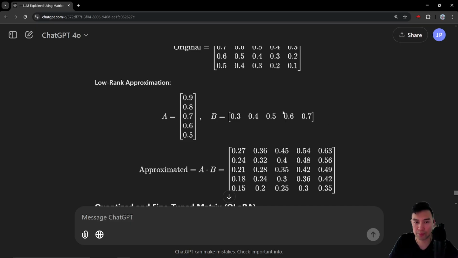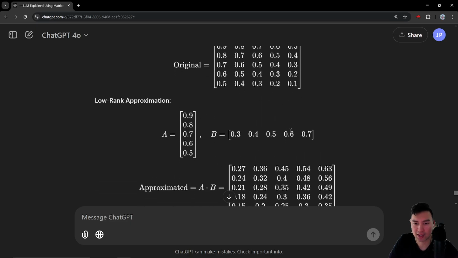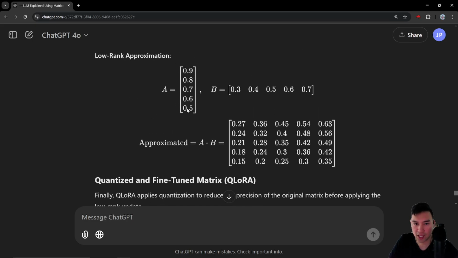So you cut the amount of numbers you're injecting by 60%, right? Because this one has 25, this one has 10, and then you can basically just do A times B anyways, and you'll get this.